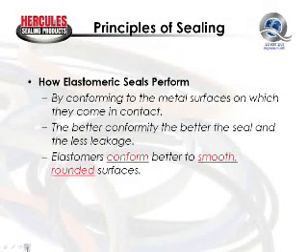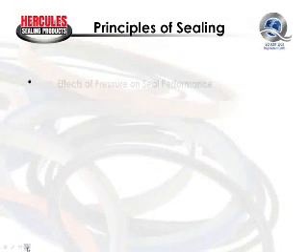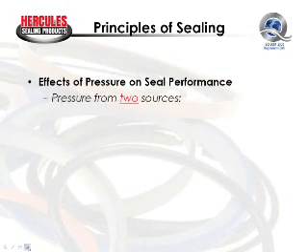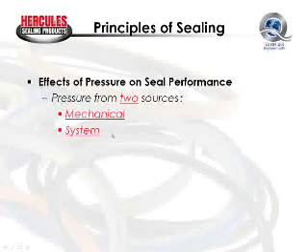Now, let's see how we can improve the conformity of the seal, and see what effect pressure has on seal performance. Pressure comes from two sources. We have mechanical squeeze and we have system pressure.